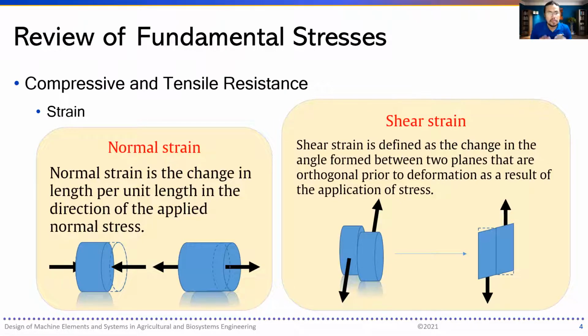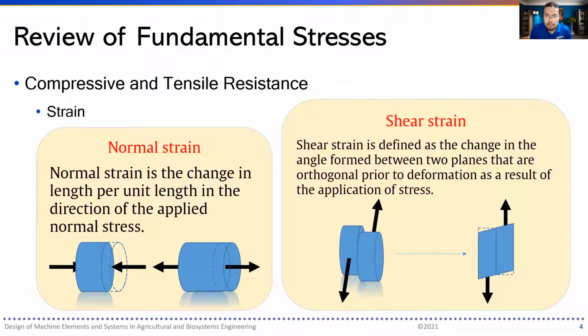Now, in normal stresses, the resulting strain is called normal strain, and it's simply the change in length per unit length. So it's a delta variable with respect to the length. And so it is in the same direction as the applied stress.